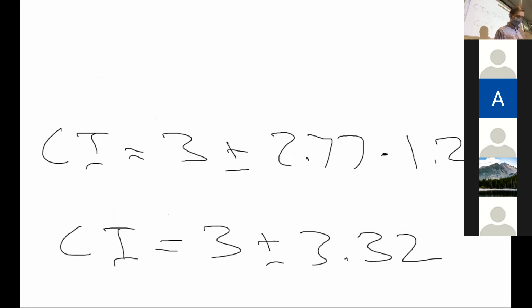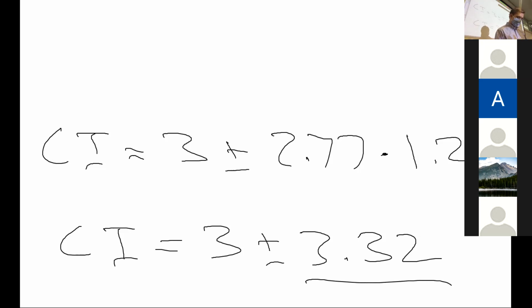So would we reject the null or retain the null hypothesis for this? We would, hold on. Yeah, we would reject it. Right? It does have 0, yes. So we would fail to reject, right?